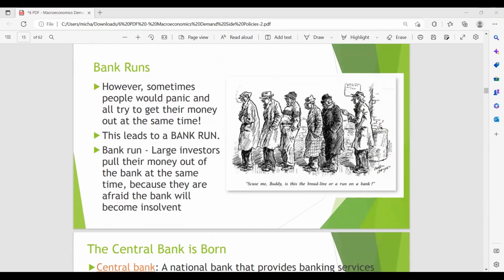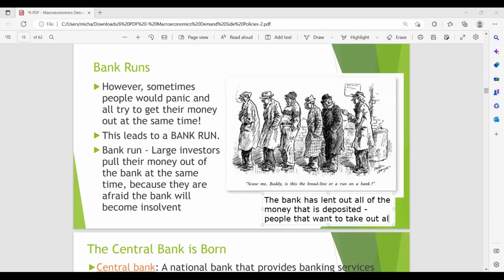The problem with banks is that when people panic and want to take out all their money, this is called a bank run. They're worried that the bank is going to go bankrupt. But the problem is the bank has lent out all of the money that is deposited. So people that want to take out all of their deposits cannot.